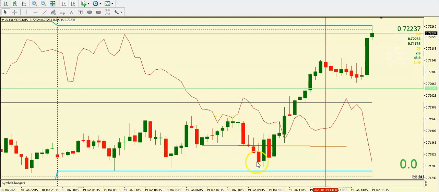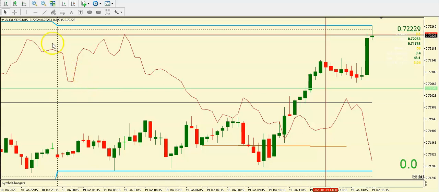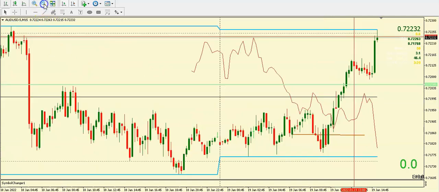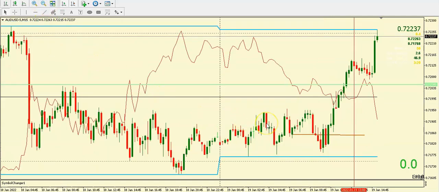Entry could have been, I mean, even down here we see 1, 2, 3. We would have been anticipating this. Let me pull out a bit. Okay, so this is New London, of course.